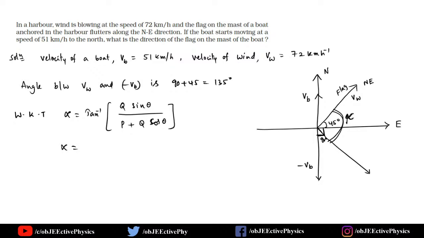So alpha is equal to tan inverse of 51 sin theta, with theta being 135, or 90 plus 45, which is convenient, divided by 72 plus 51 cos(90 plus 45).